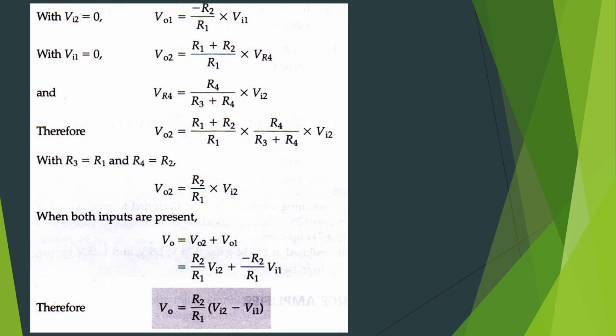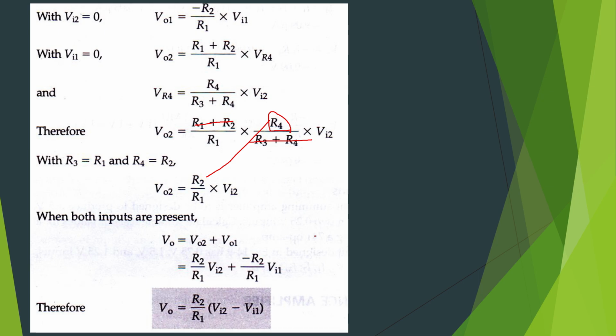With R3 equal to R1 and R4 equal to R2, substitute this in V02 and simplify. This term will get cancelled, and R4 you can write as R2. So V02 equal to R2 divided by R1 into VA2.